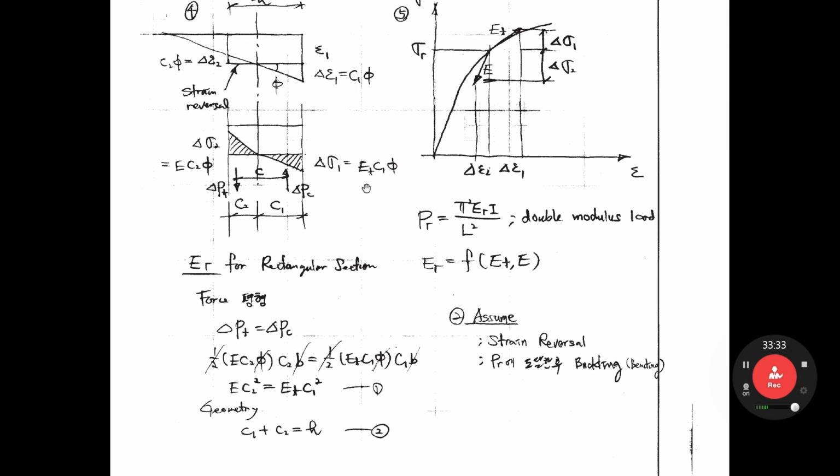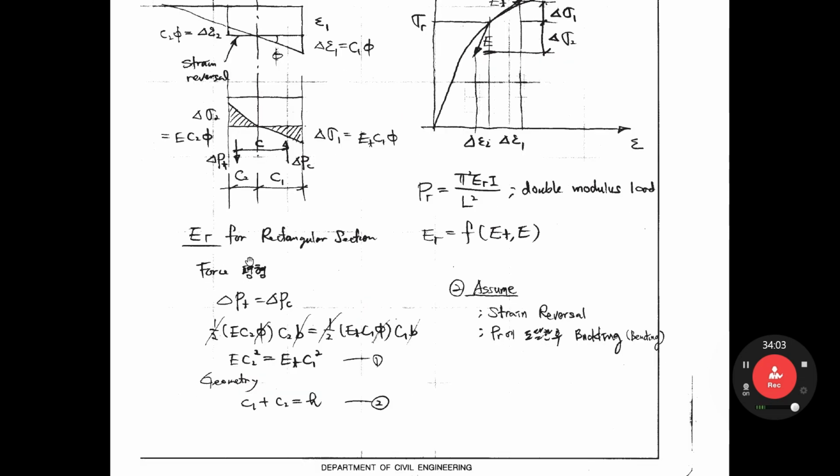Right hand side also 1 over 2, this height is E_t C1 phi, C1, and then width B. From this equation we get equation number 1: E C2 squared equals E_t C1 squared, because the common terms can be deleted. And then we also consider the geometry. C1 plus C2 equals H. Finally we get equations 1 and 2.